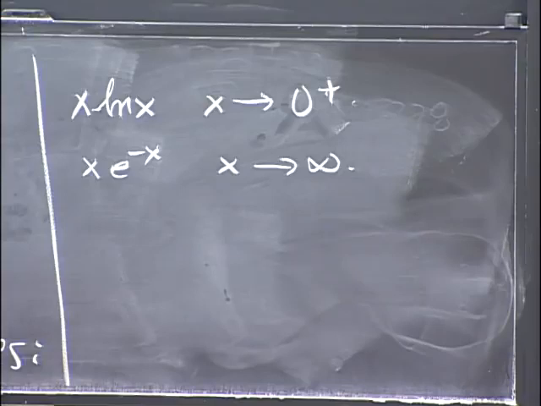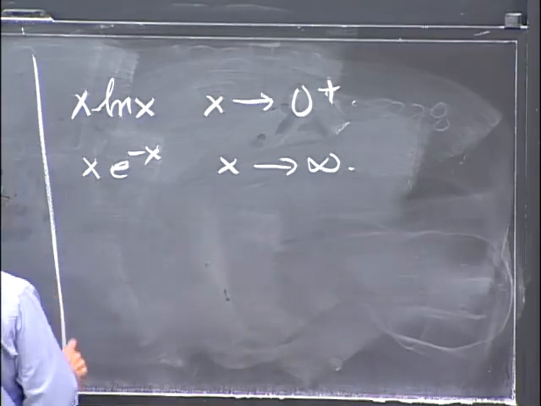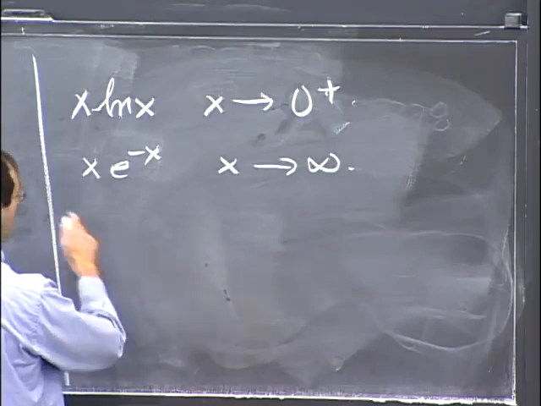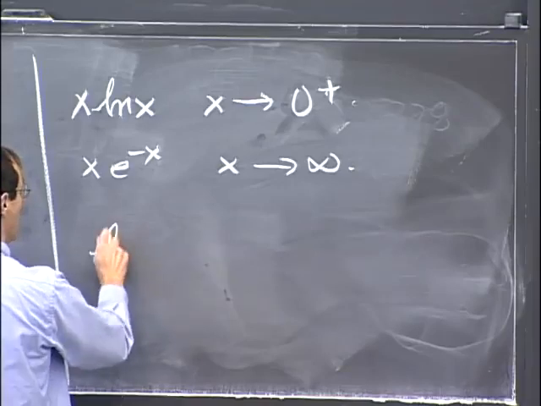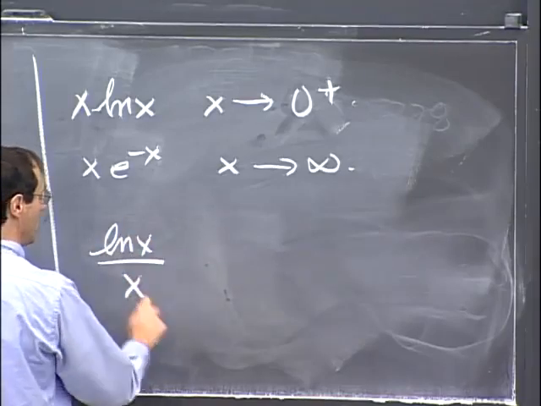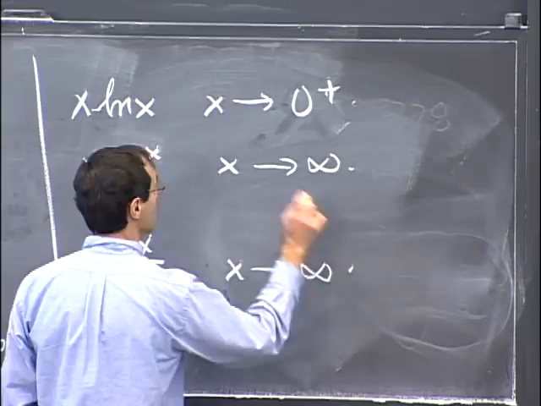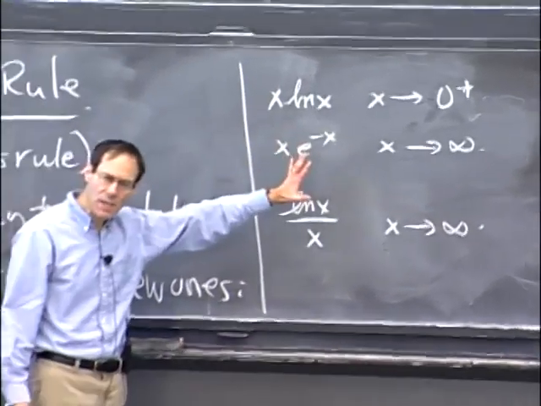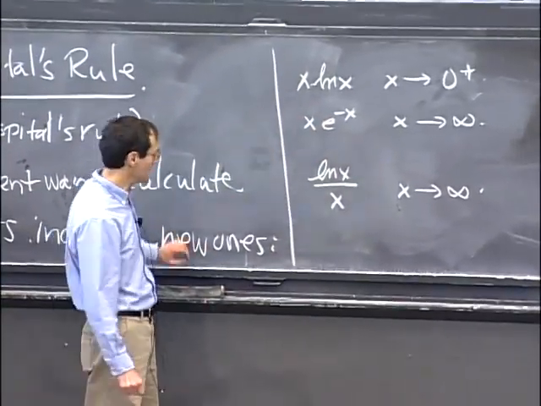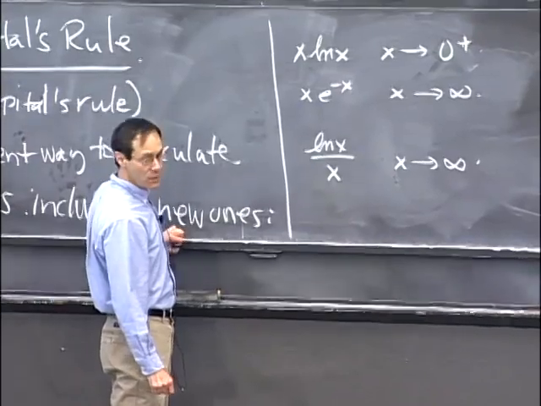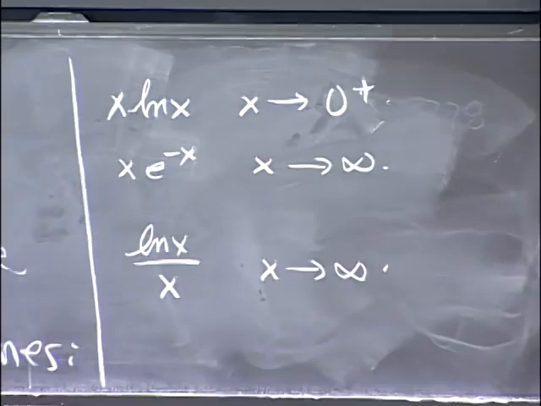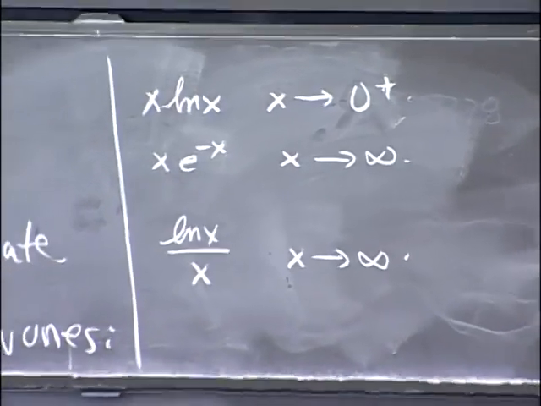And maybe something like log x over x as x goes to infinity. So these are some examples of things which, if you plug into your calculator, you can see what's happening with, but if you want to understand them systematically, it's much better to have this tool of L'Hopital's rule. And certainly there isn't a proof just based on a calculation in a calculator.